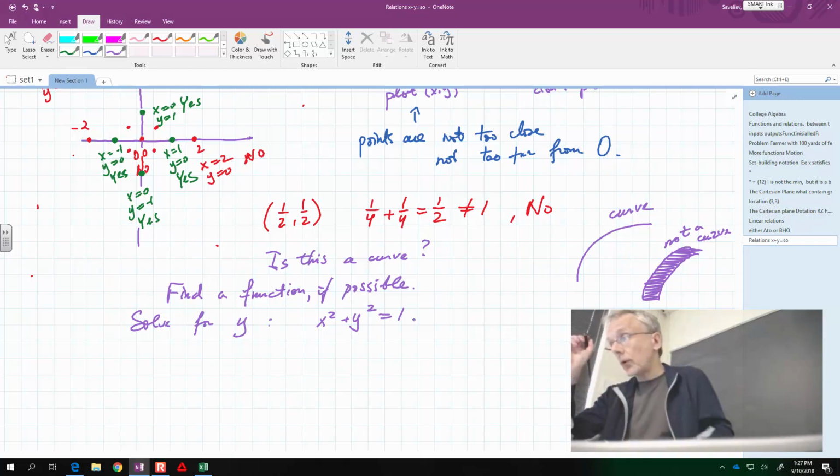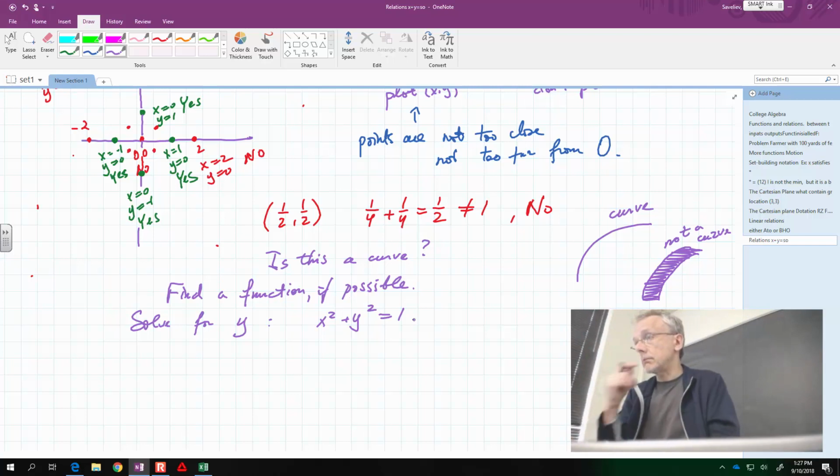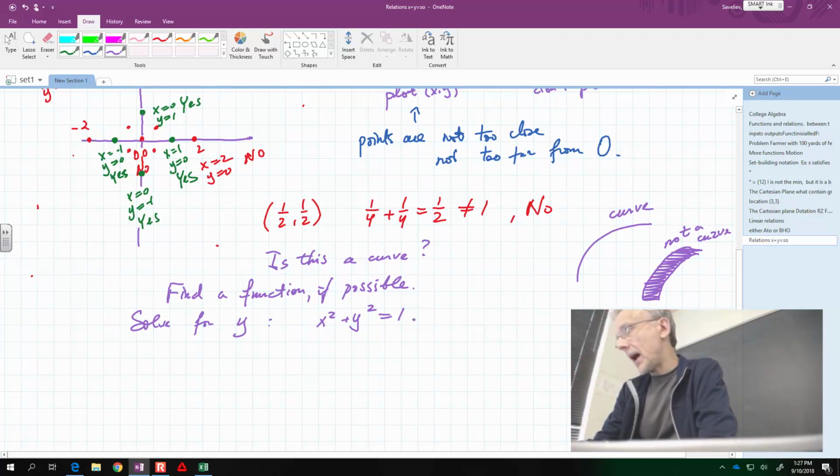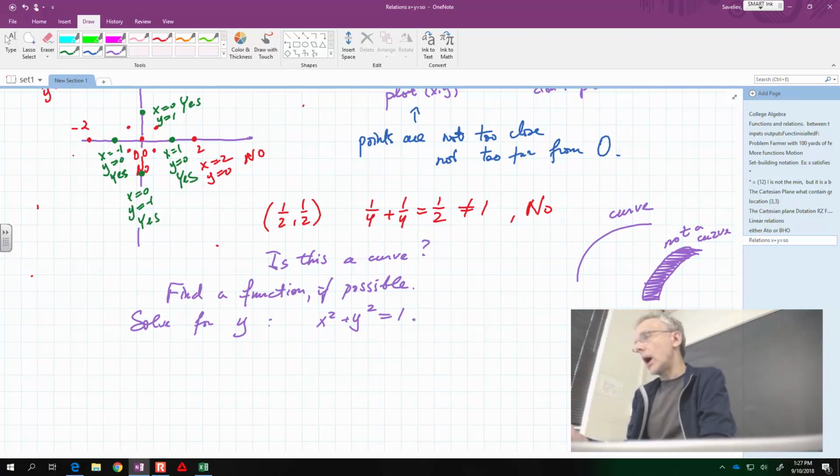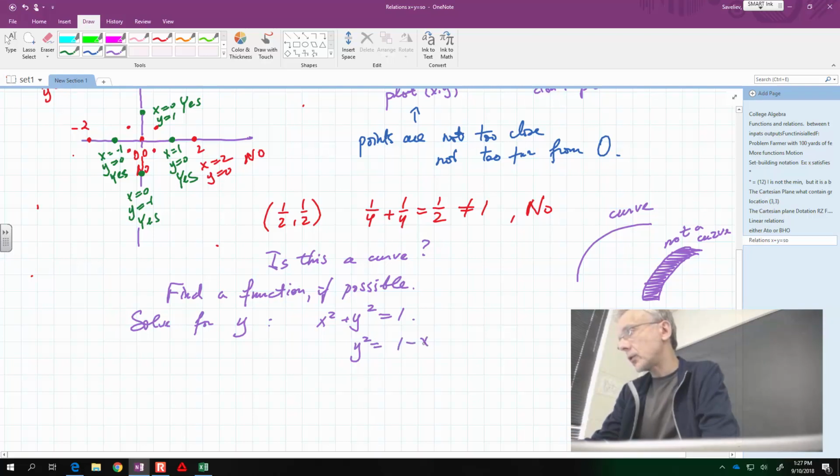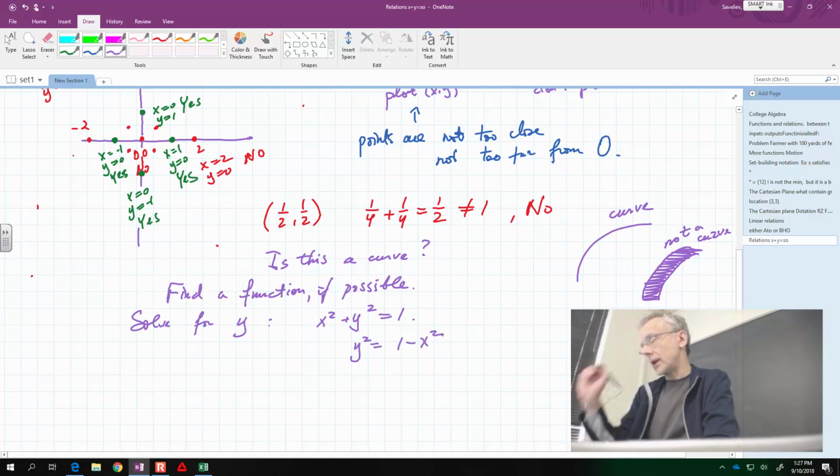How do you solve for y? Put y on one side. Okay, so let's just do that step by step. You don't have to do it in your head. It's probably just a bad habit. So I leave y on one side and then pull everything else to the right-hand side. So I have y squared is equal to 1 minus x squared. Okay, so that's step number 1.